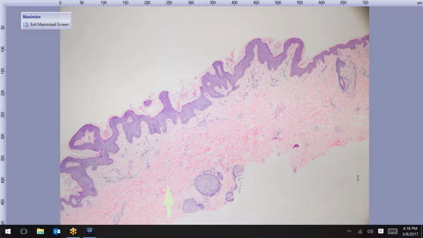The example I give, and it'll make more sense in a second, is that it's almost like a roller coaster. You're going up and down on this roller coaster ride right here. So it's this subtle, kind of undulating papillomatosis. And we'll go on a little higher power.